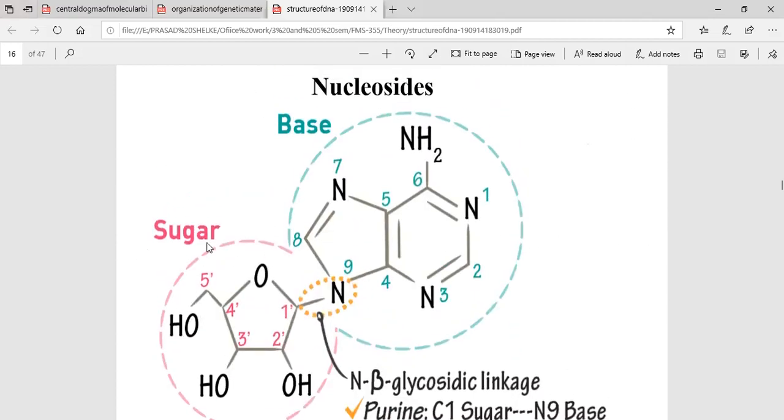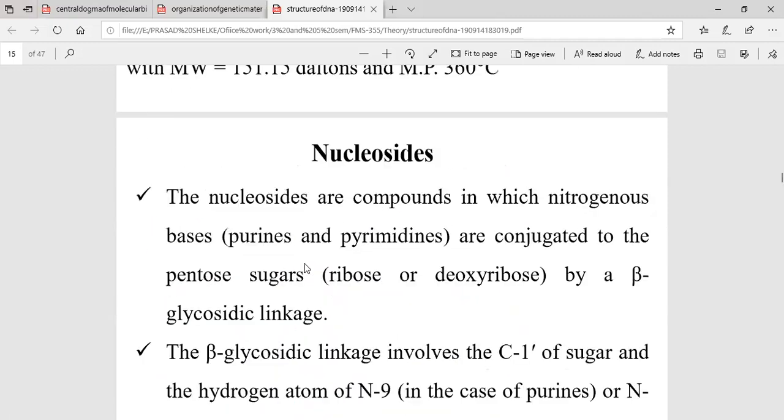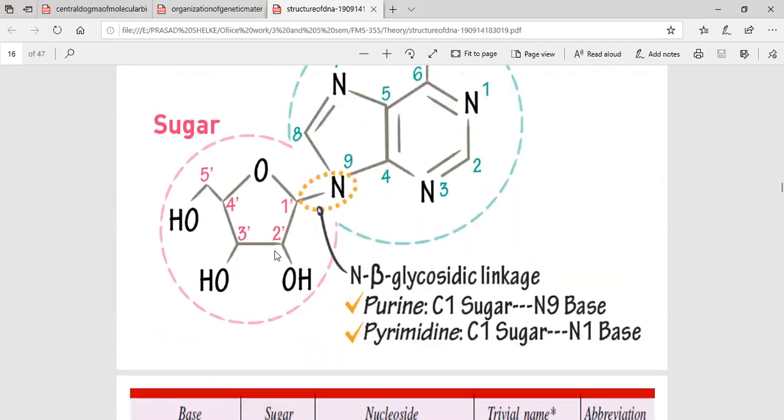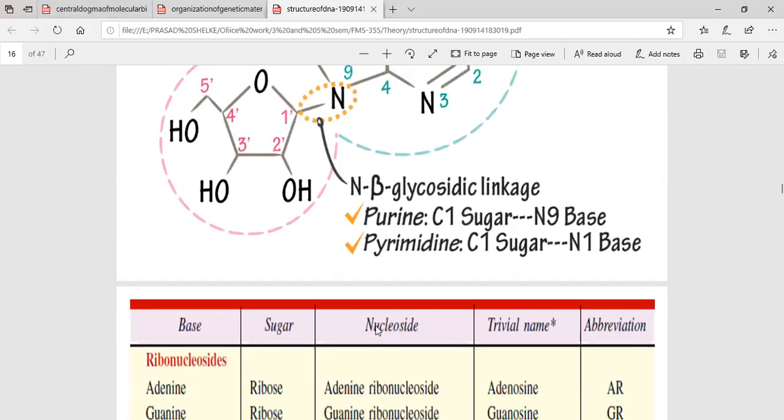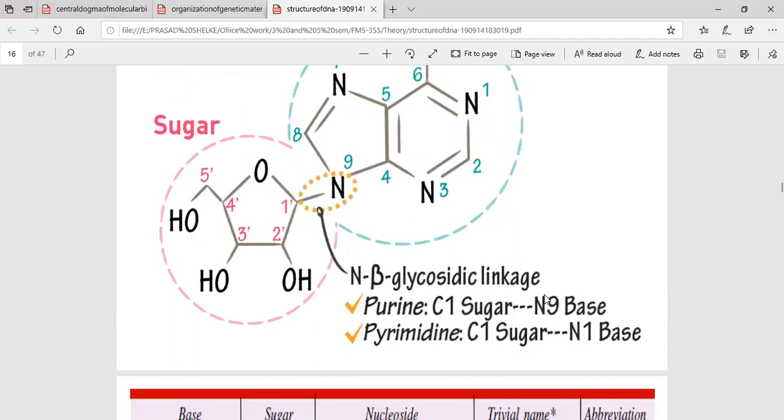Here you can see the sugar molecule is there, and another one is the base molecule. This is the pyrimidine or purine base, and then there is the sugar molecule, the ribose sugar, the pentose sugar. This ribose or deoxyribose sugar bound with a nitrogen base we call a nucleoside, through the N-beta glycosidic linkage.